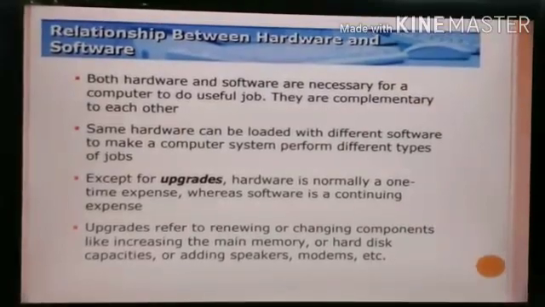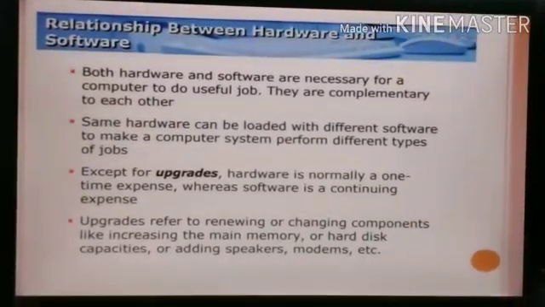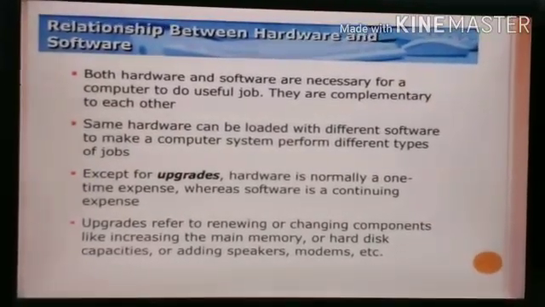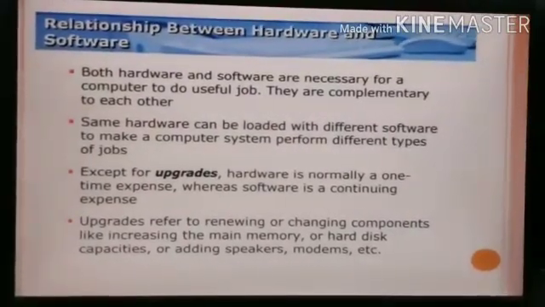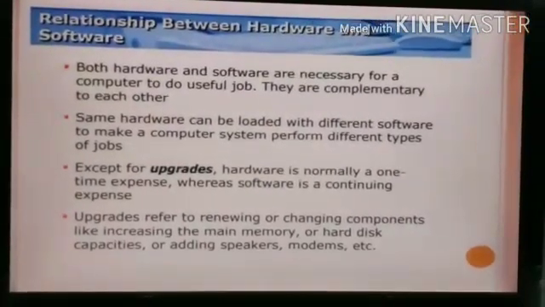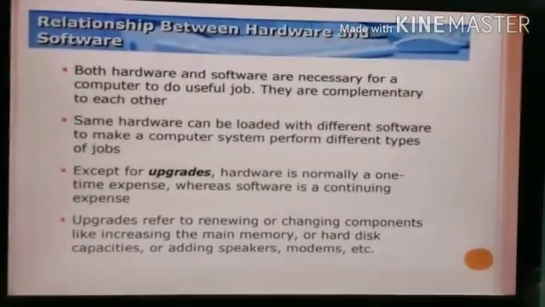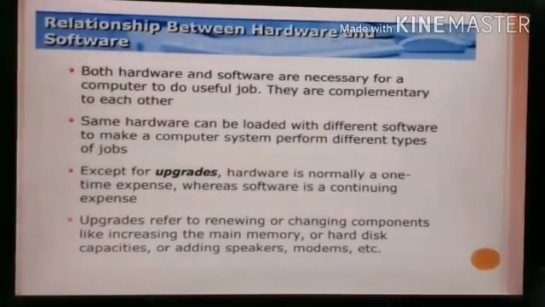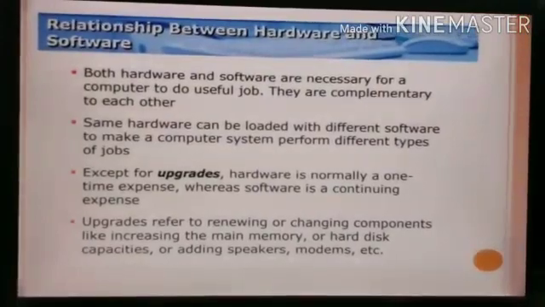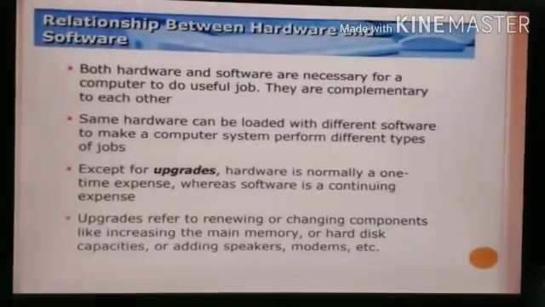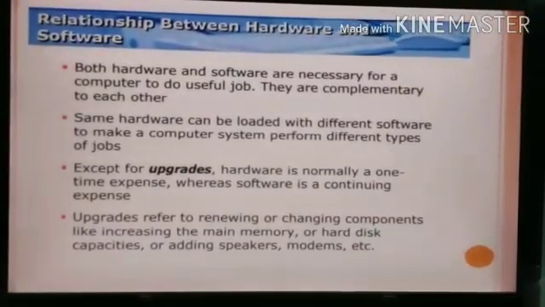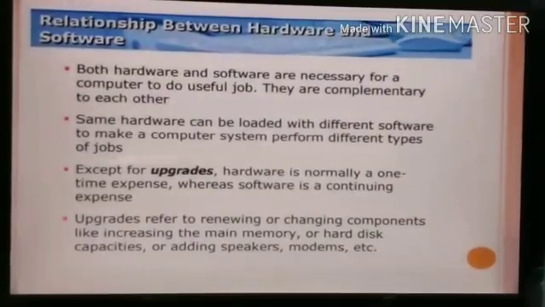Except for upgrades, hardware is normally a one-time expense, whereas software is a continuing expense. You have to purchase hardware only once and you can use it many times. But when we talk about software, we have to purchase it, and continuously we have to update it and upgrade it, so we can get the new settings and new updates.